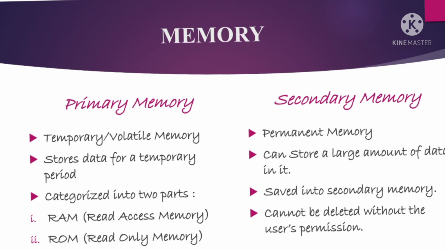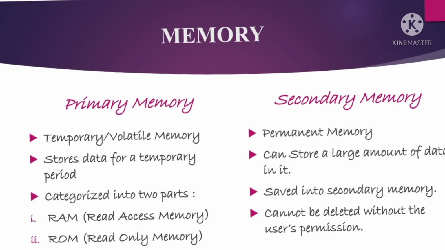Primary memory stores data for a temporary period, so whatever information you give will be stored only for a short time, not for a long time. Secondary memory can store a large amount of data.